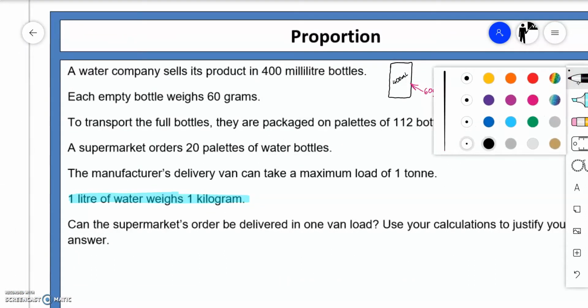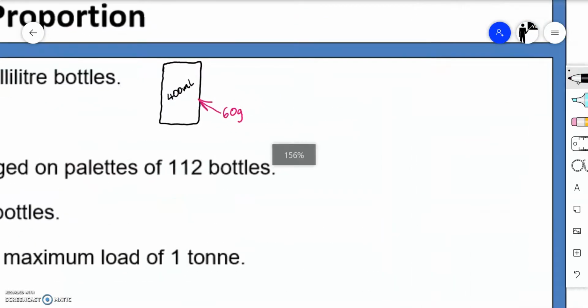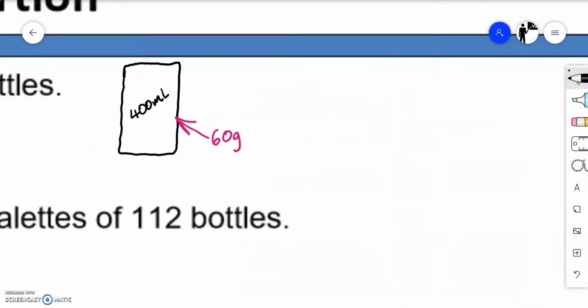So what does that mean? We're told 1 litre weighs 1 kilogram. 1 litre is the same as 1,000 millilitres, so 1,000 millilitres weighs a kilo.